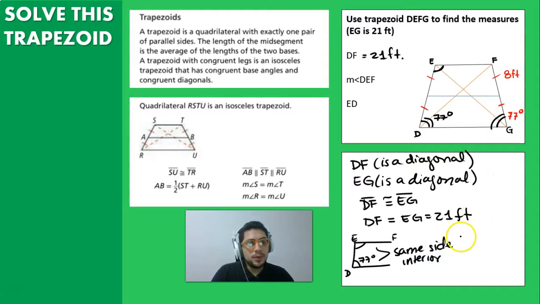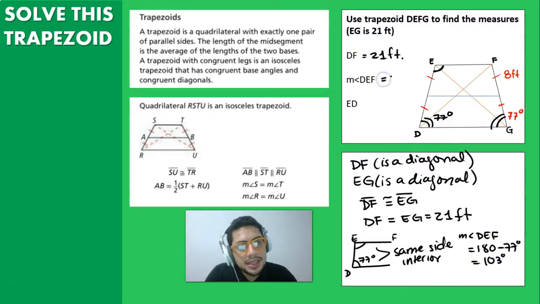So with that, we know that the measurement of angle DEF is going to be equal to 180 minus 77 degrees, which is going to give us a total of 103 degrees. So that means that this angle is going to be 103 degrees, right?